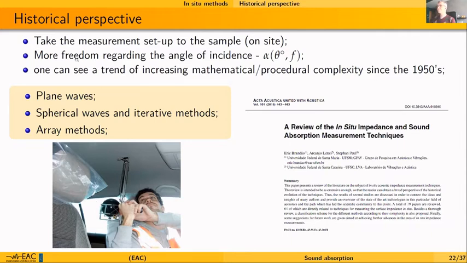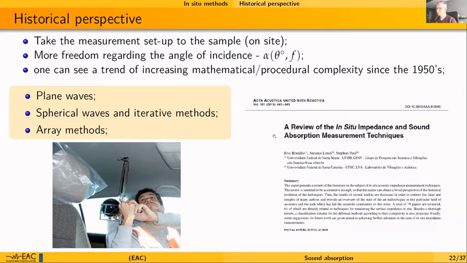With in situ, you have many methods. I managed to publish a review paper in 2015, reviewing many of those in situ methods that I knew of at the time. As far as I know, there has been little activity since.